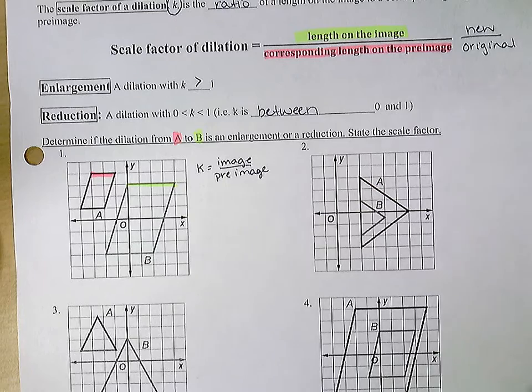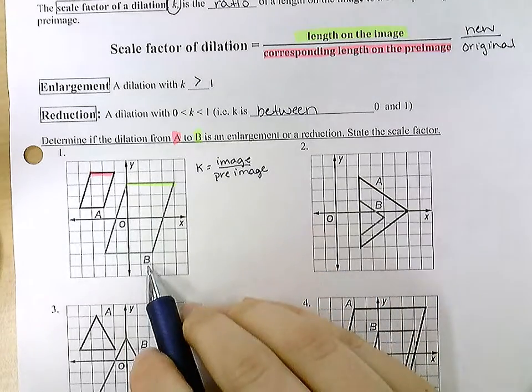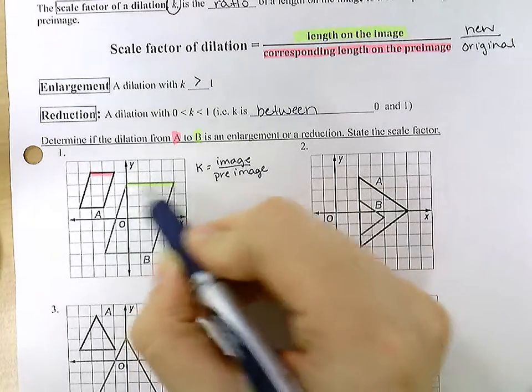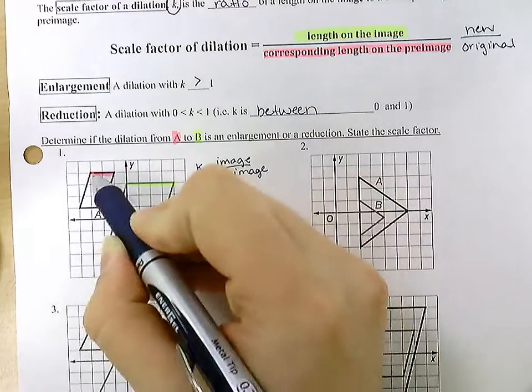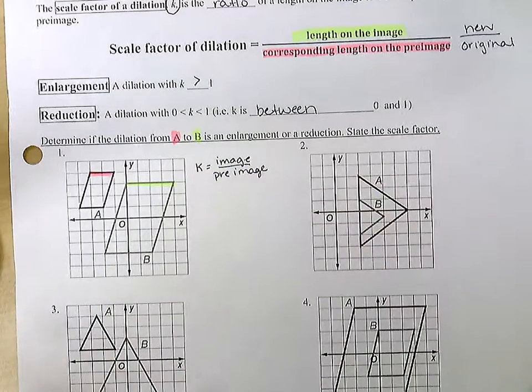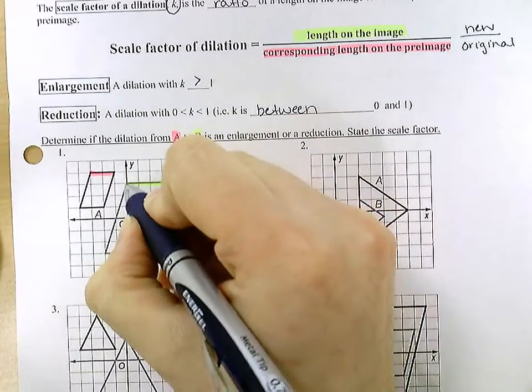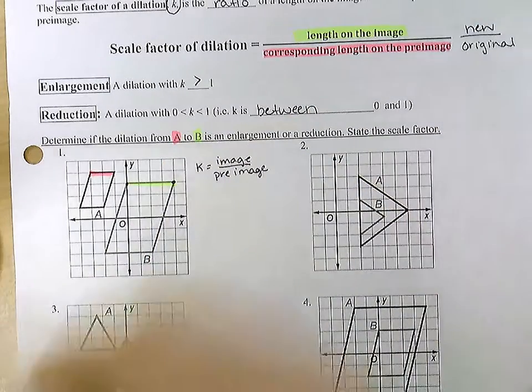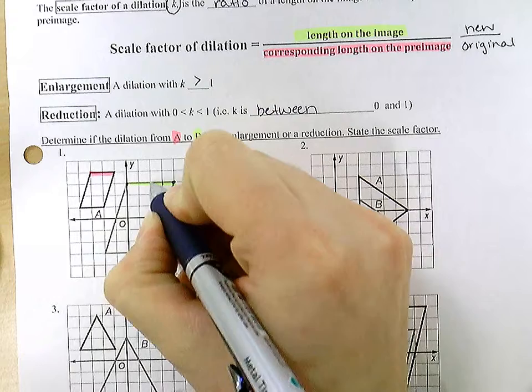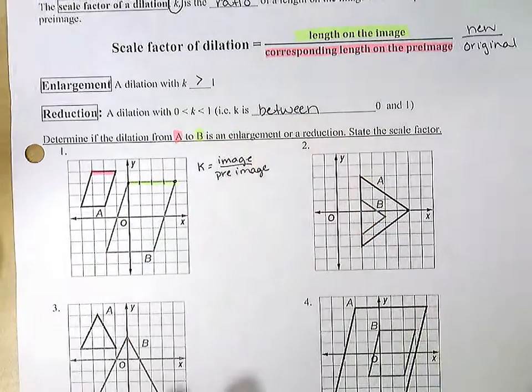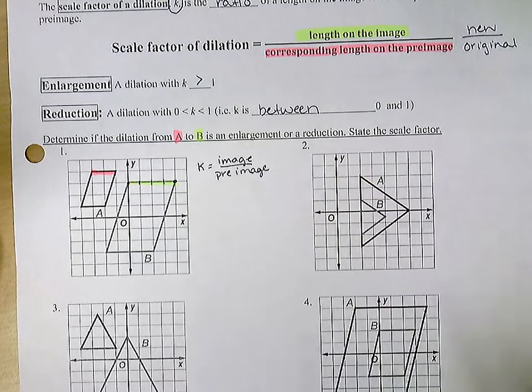Okay, but since they are, for our image B, we just need to take one of the sides and its similar side in our pre-image A. And we just have to count the distance between points. So we have 1, 2, 3, 4. Okay, so that top line there in image B has a distance of 4.